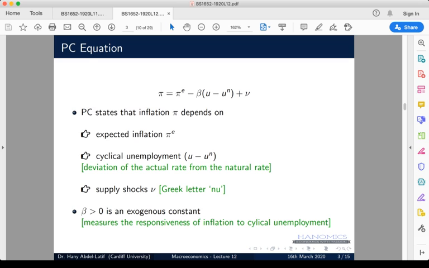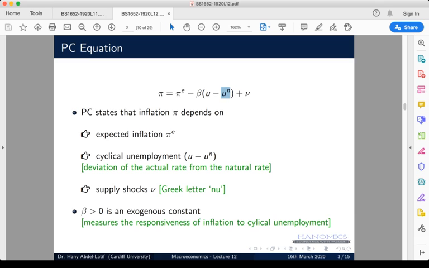So what do we learn from this equation? The inflation rate depends on the expected inflation rate, and it also depends on cyclical unemployment. It's important to hold on for a second and remind you of what we explained about cyclical unemployment and the natural rate of unemployment, which is here U_n. So U is the actual unemployment rate, and U_n is the natural rate of unemployment.